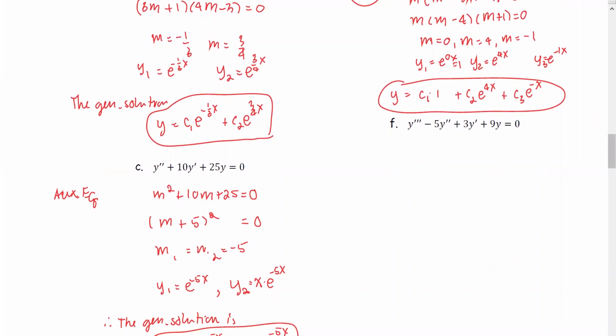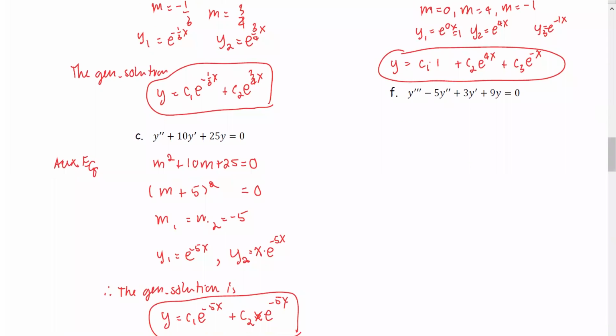And part F, we have y triple prime minus 5y double prime plus 3y prime plus 9y equals 0. The auxiliary equation is m to the third minus 5m squared plus 3m plus 9 equals 0.